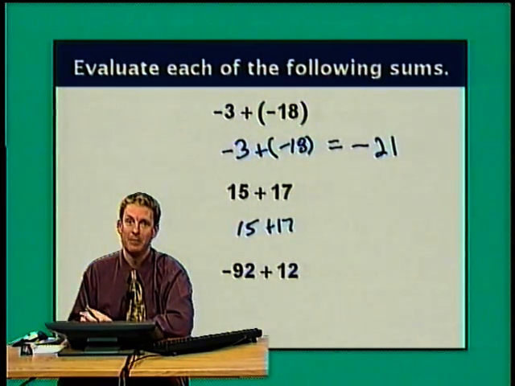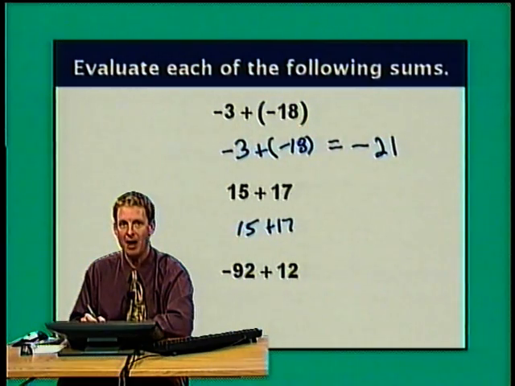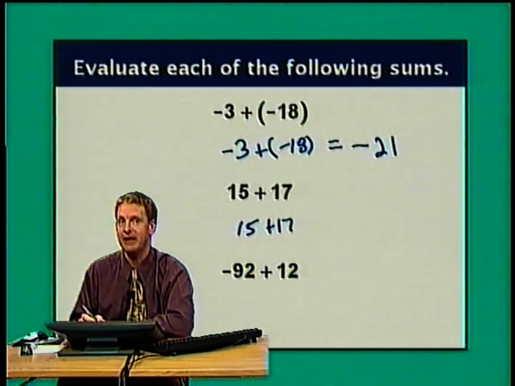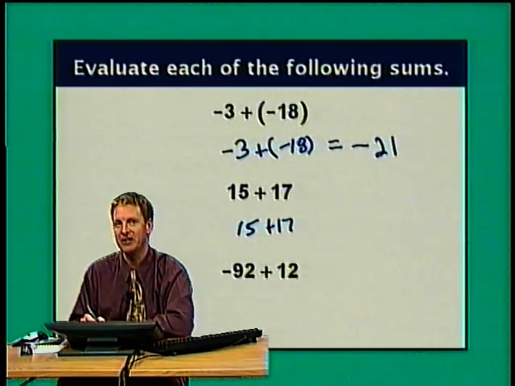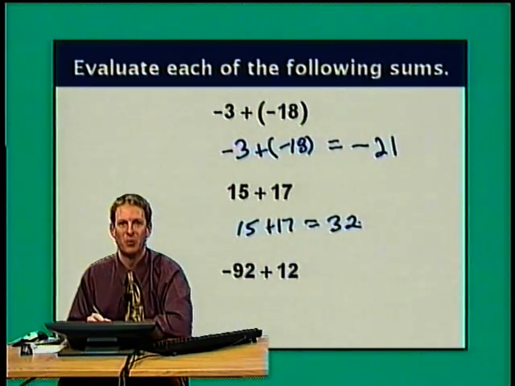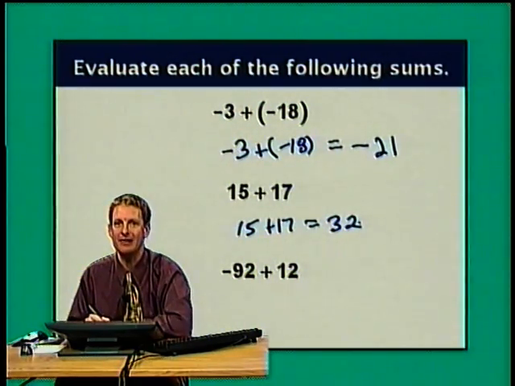So the sum of two positive numbers is positive. The absolute values of these numbers are 15 and 17. When I add 15 and 17, I get 32. So what is the positive number that has an absolute value of 32? I think it's 32. The rules work even when both numbers are positive.